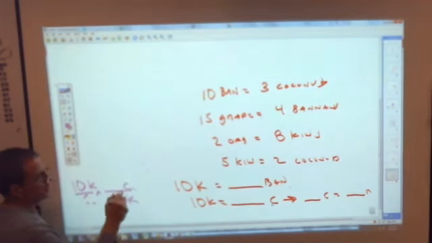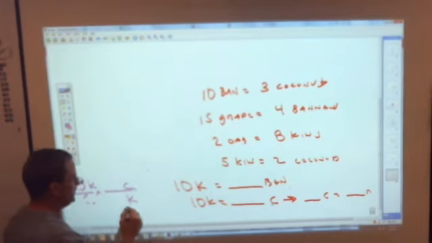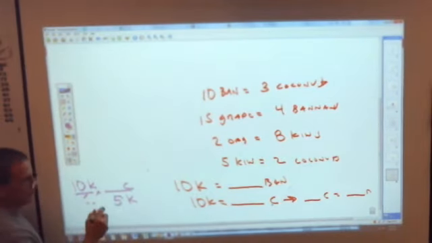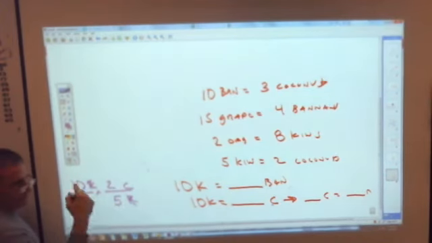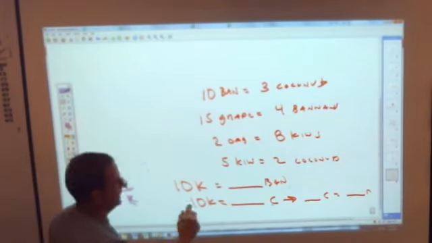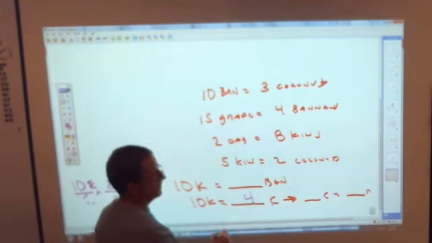I'm changing it into coconuts, so I know 5 kiwis equals 2 coconuts. Are you with me on that? So, right now you could tell me what it is. What do I get here? 10 times 2 is 20. Well, kiwis cross off. 10 times 2 is 20, divided by 5 is 4. So 10 kiwis equals 4 coconuts.